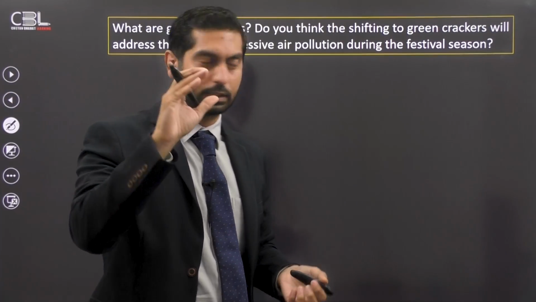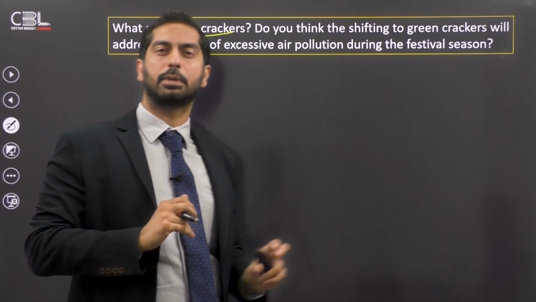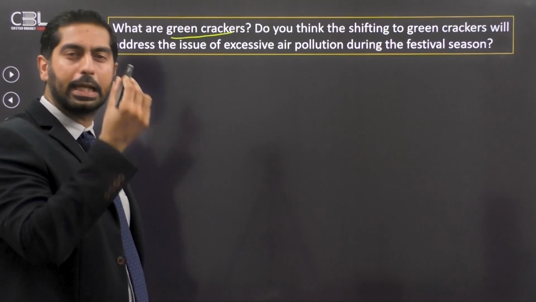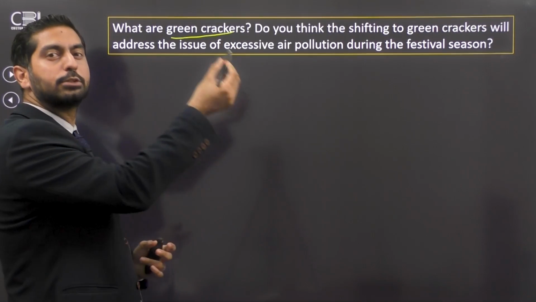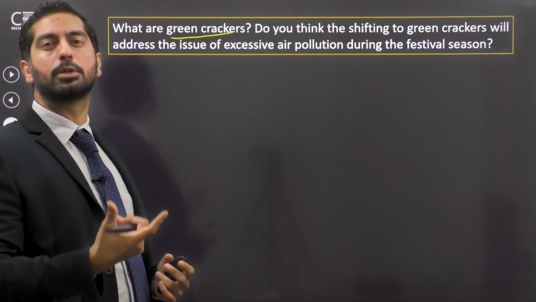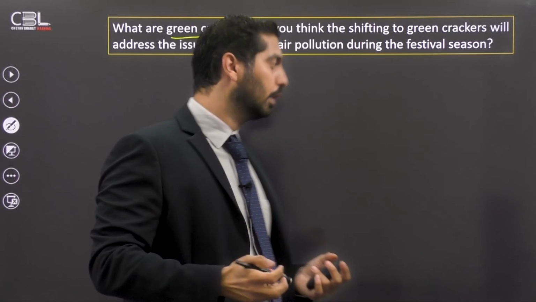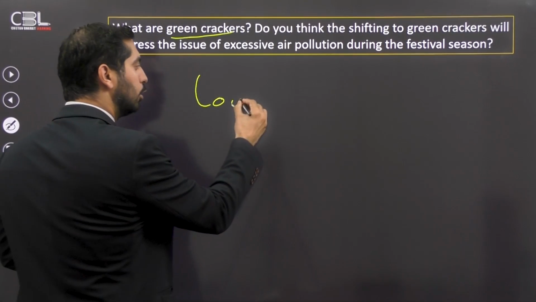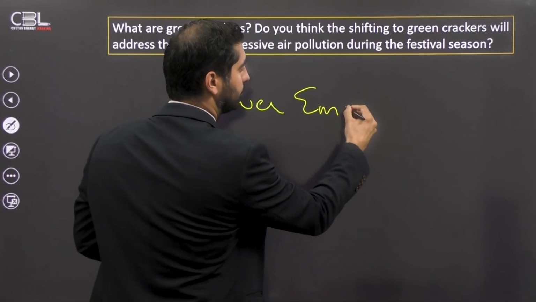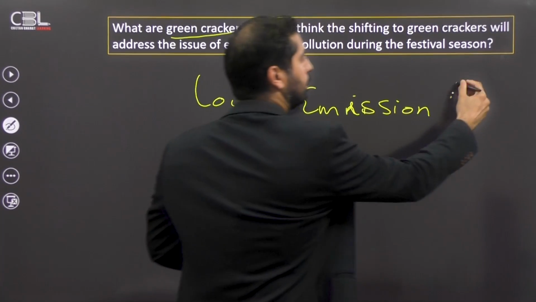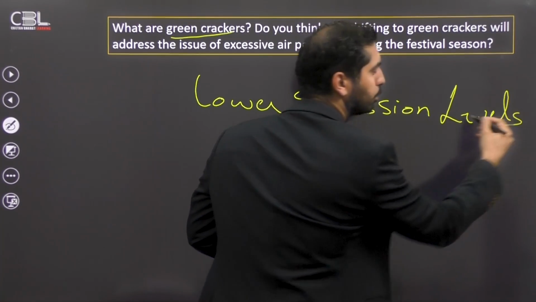Here, in order to address this part of the question, you first of all need to mention how in any case these green crackers would contribute to solving the problem of air pollution, because they have lower emission levels. Now here you need to provide some data.